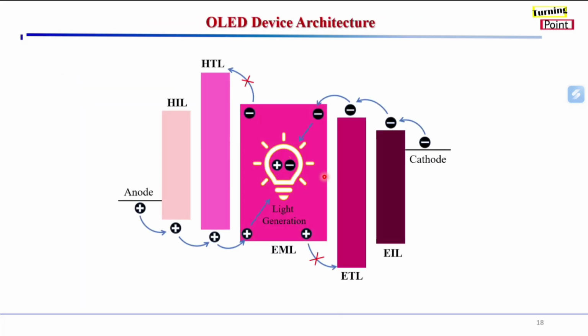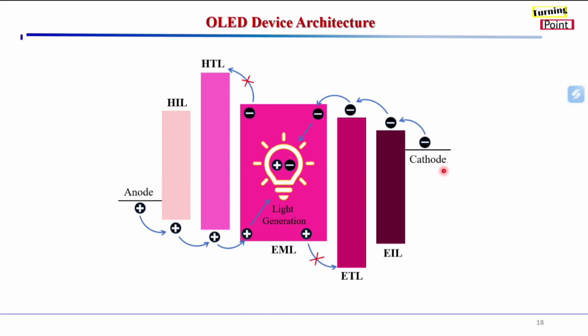Here we see one general OLED device architecture. Generally, an OLED device is made of several organic layers sandwiched between two electrodes. Here, the emissive layer is connected to the hole transporting layer and the electron transporting layer. The anode is connected to the hole injection layer followed by the hole transporting layer, and these two organic layers help to transport holes into the emissive layer.